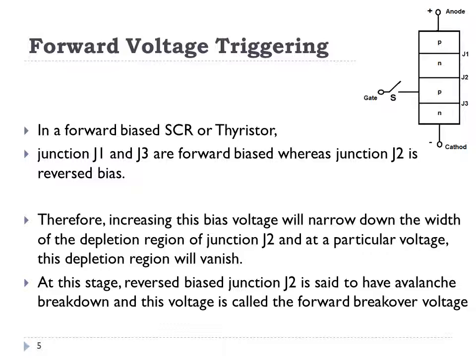If we increase this bias voltage across anode and cathode, it will narrow down the width of the depletion region of J2. At a particular voltage, this depletion region will vanish. At this stage, the reverse biased junction J2 is said to have avalanche breakdown, and this voltage we call the forward breakover voltage.